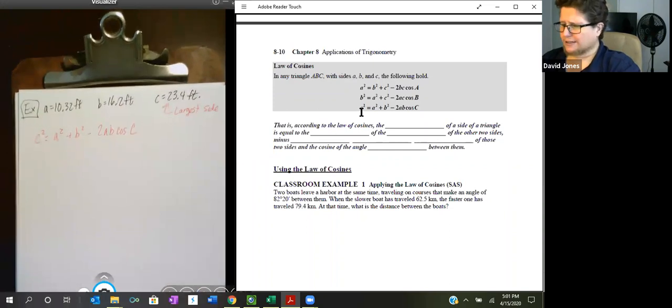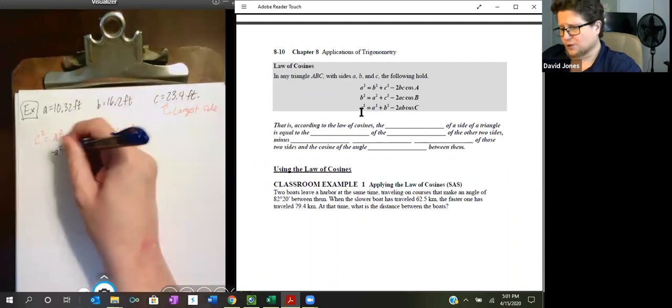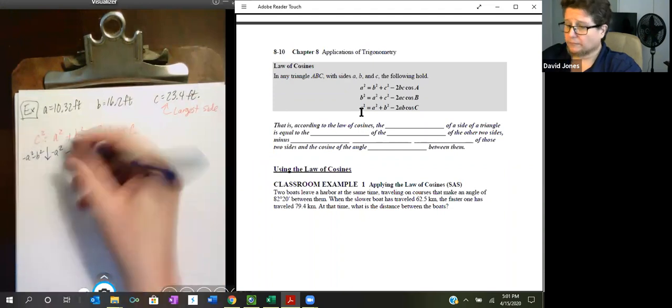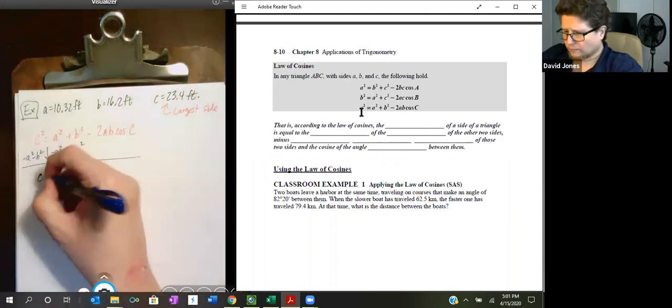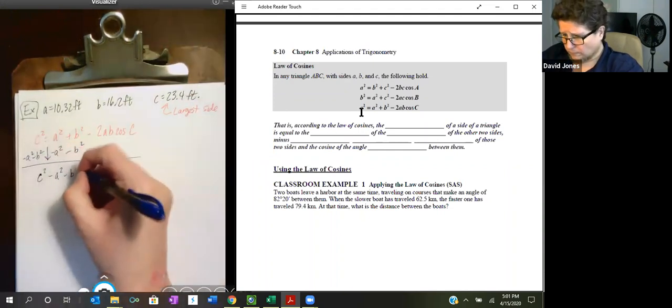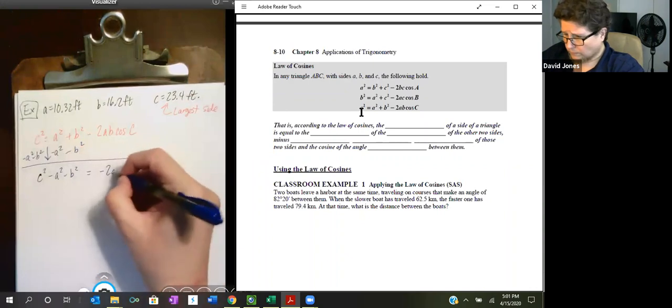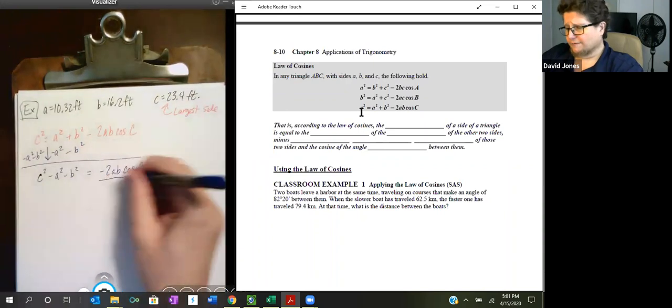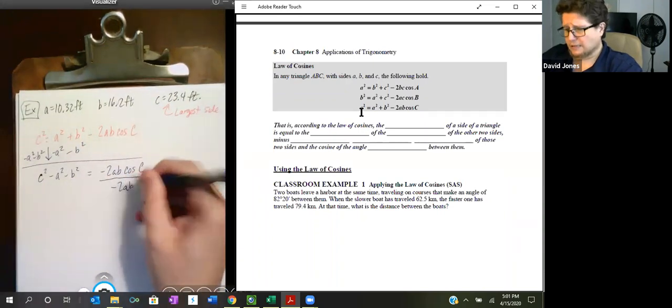Even before I plug stuff in, I can make it so I just do it all at once in the calculator. Let's subtract A squared and B squared from both sides. We divide by negative 2AB.